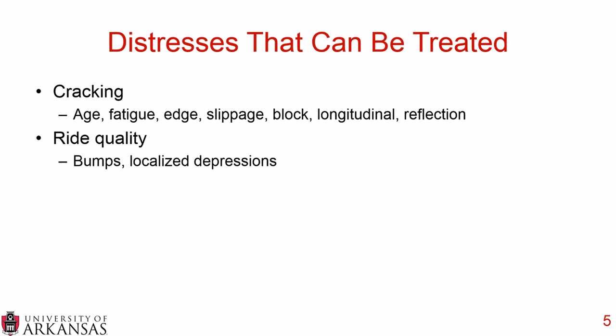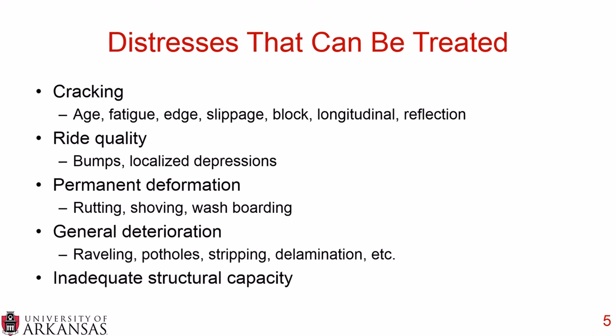The existing bound pavement can have many different types of distresses. Pretty much any type of cracking, from age, fatigue, or edge cracking to slippage, block, longitudinal, or reflection cracking. You can also address ride quality, which includes bumps and localized depression, various types of permanent deformation, rutting, shoving, and washboarding, and other general deterioration, including raveling, potholes, stripping, and delamination.